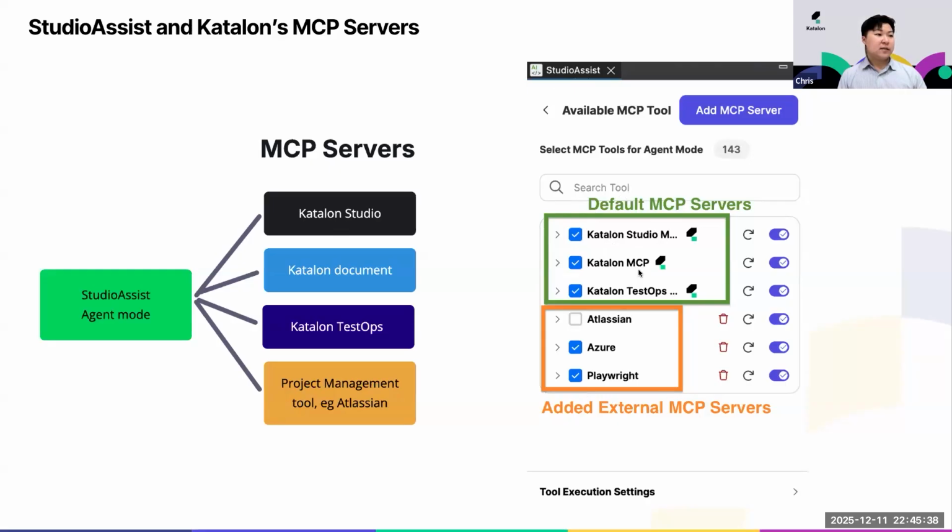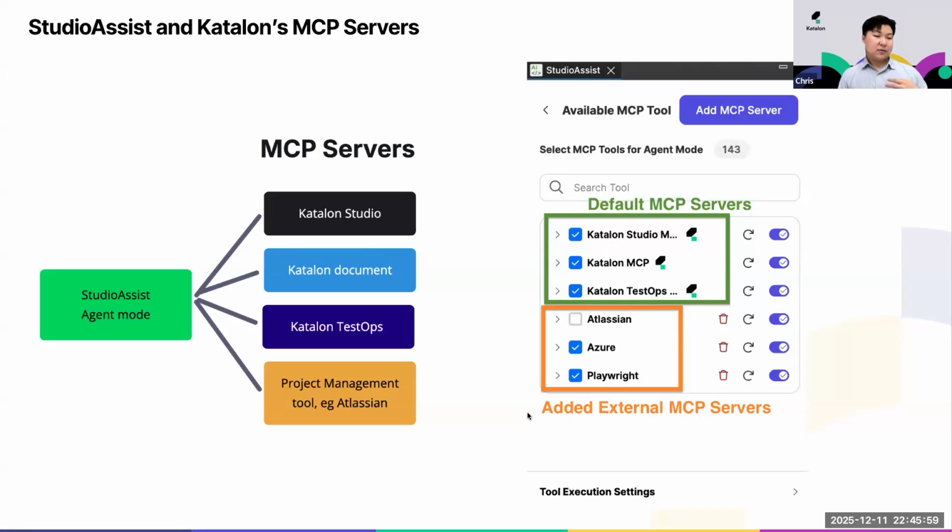Katalon MCP stands for the Katalon documentation sources, where it connects with Katalon docs and pulls all the information you need from a prompt. Katalon TestOps MCP similarly helps us connect with Katalon TestOps.